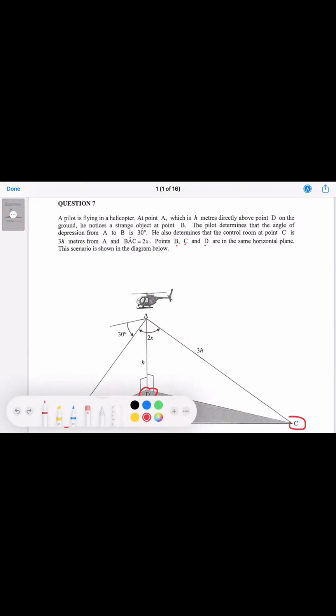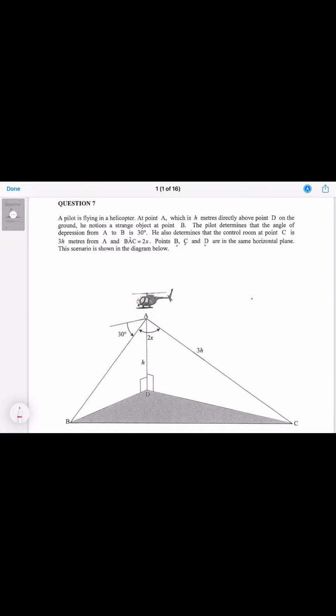So let's see. This scenario is shown in the diagram below. So this is the diagram where we will answer the questions based on that diagram. But most importantly, that given statement is fully represented diagrammatically, as you can see there.